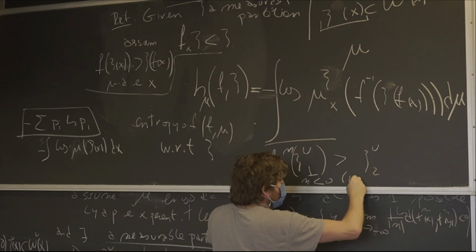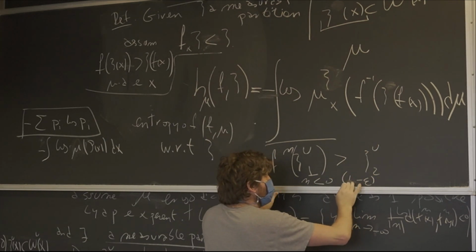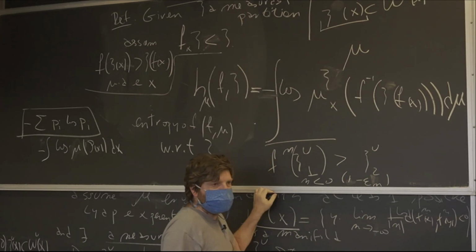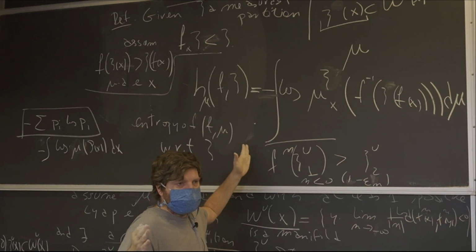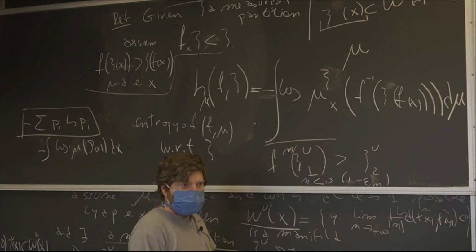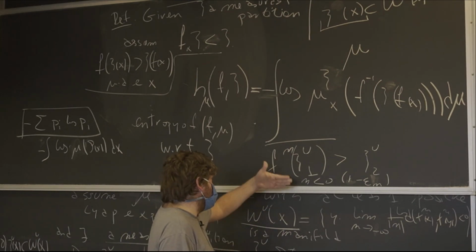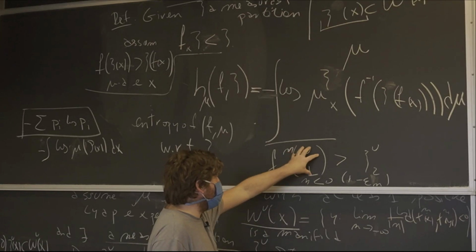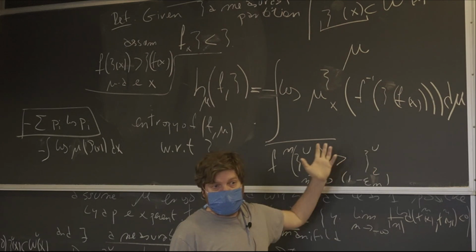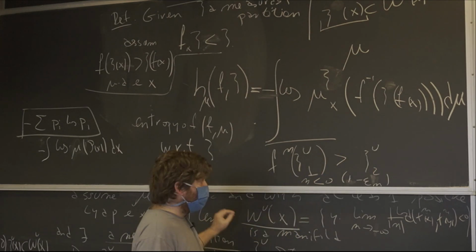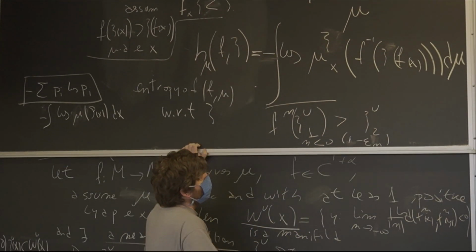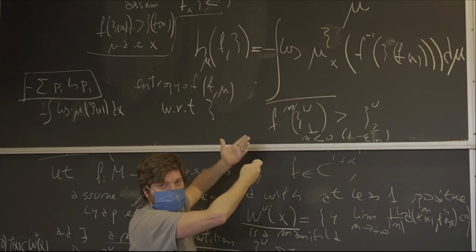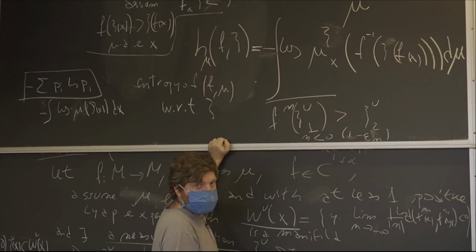Of course, there are some uniformities. This will happen on a set of 1 minus epsilon n measure. As you increase the n, you really are getting almost everywhere. And then you just put this into a proof to claim that the entropy using this partition and the entropy using this partition is the same thing. Well, actually, this gives you an inequality, but you can reverse the role of both guys, and this gives you the equality.